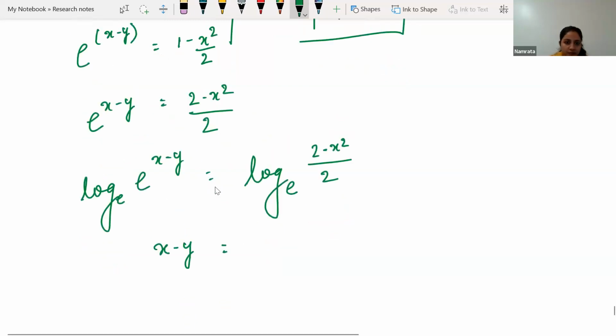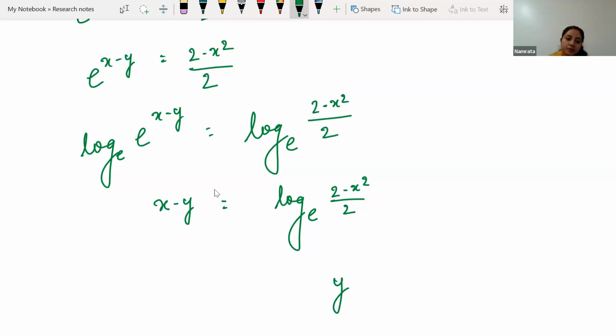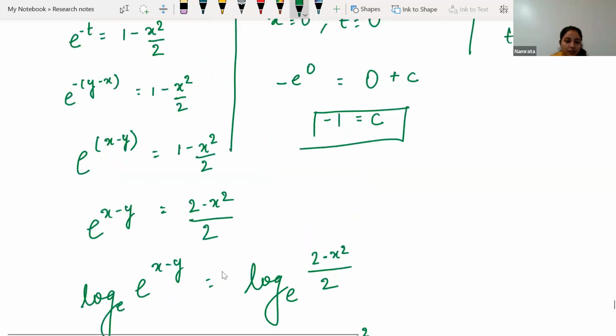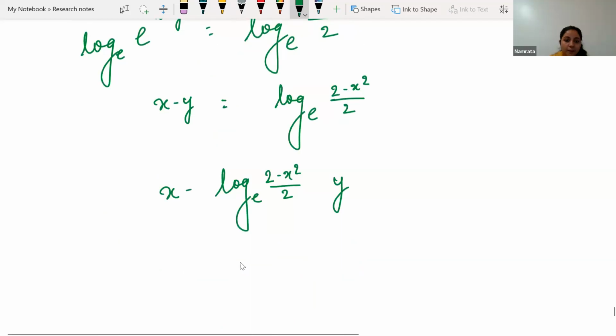Let me check whether this way it will work or not. So log base e of 2 minus x square by 2, and this y will be x minus log base e of 2 minus x square by 2. Yeah, this is our y.